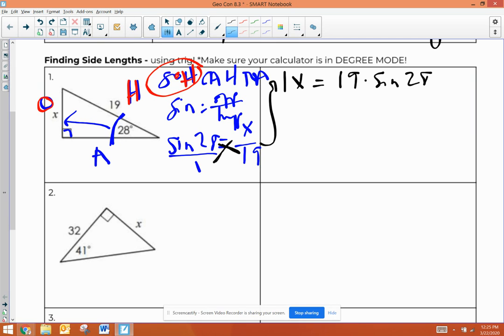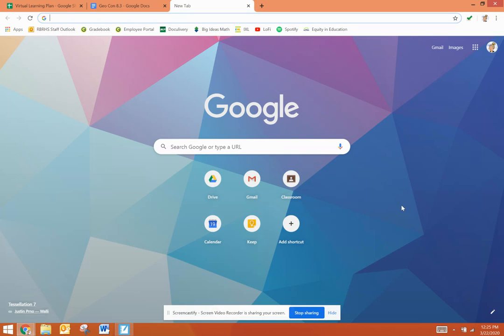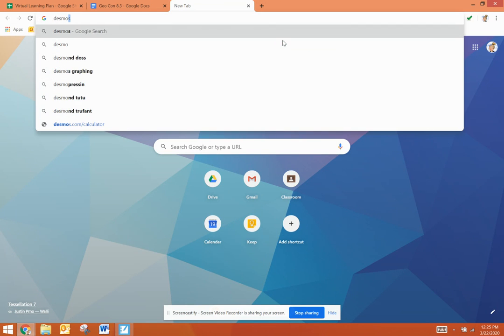I can't just do sine by itself, it has to be the sine of something. So this is what I'm going to put in my calculator: 19 sine of 28. I'm just going to switch tabs and go to Desmos, a favorite of mine.